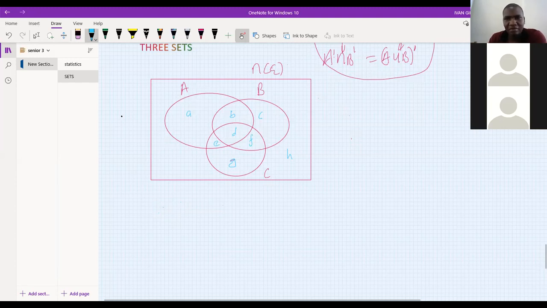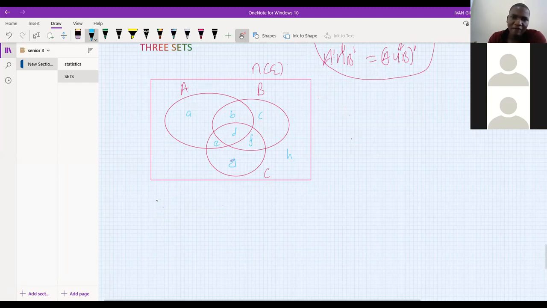It's just like filling a puzzle. For those of you who fill puzzles, there is Sudoku. That's what sets are almost all about, filling up the missing gaps.